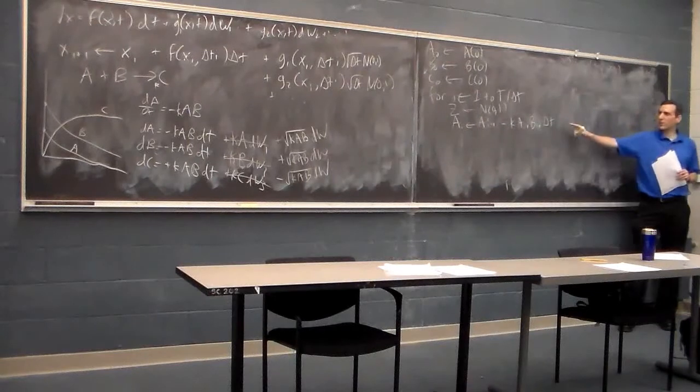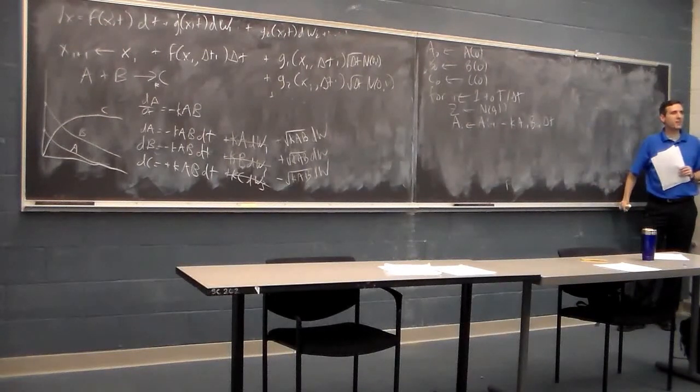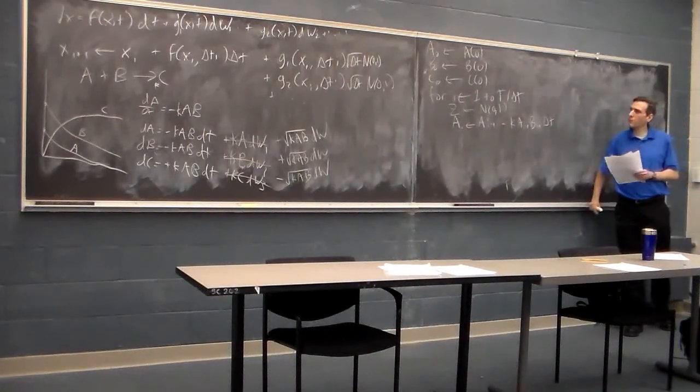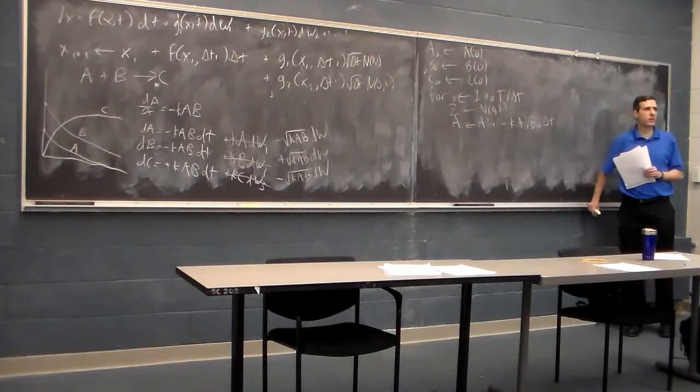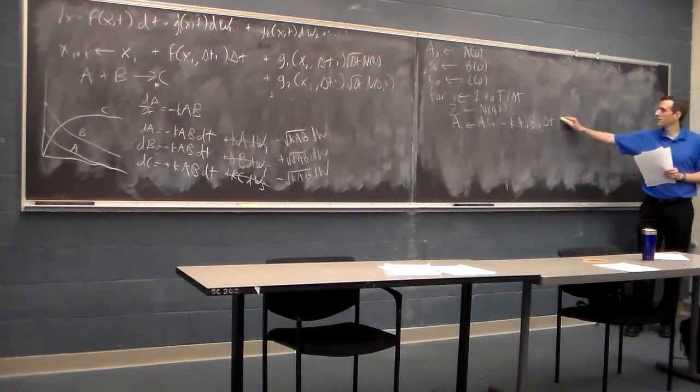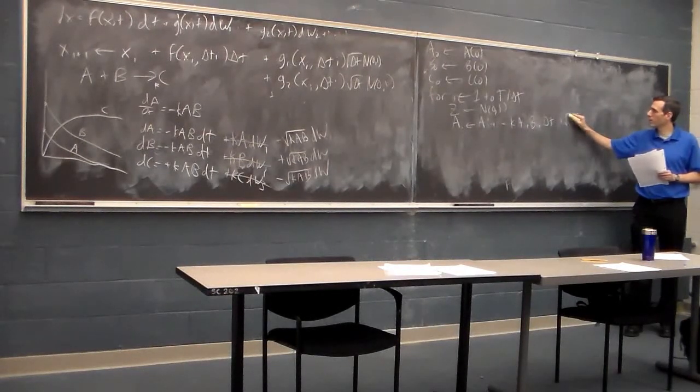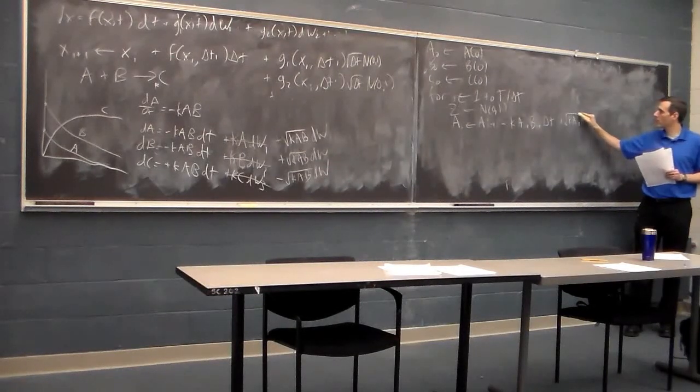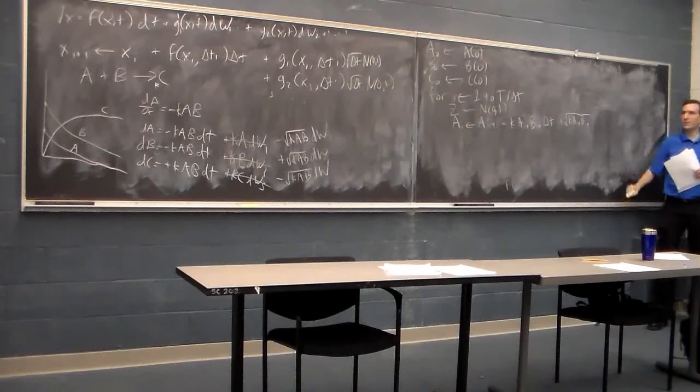So that's what we would have if this were just a forward Euler deterministic simulation. And then what do we put for the stochastic part? Yeah, so plus square root of k, a_{i-1}, b_{i-1}, and then we have to multiply that by square root of delta t and by z.